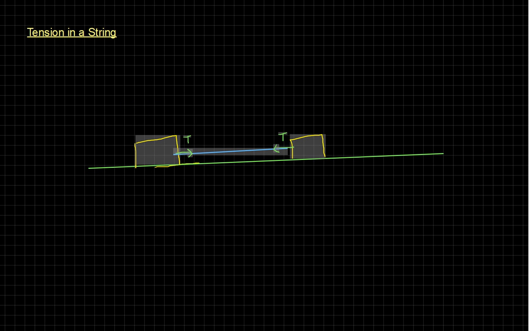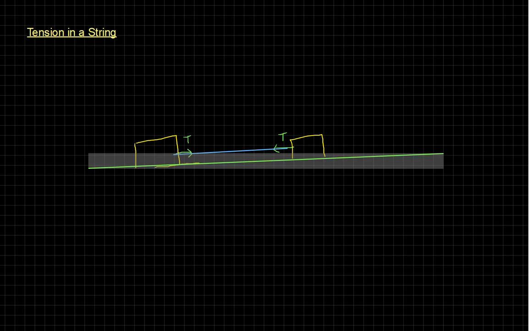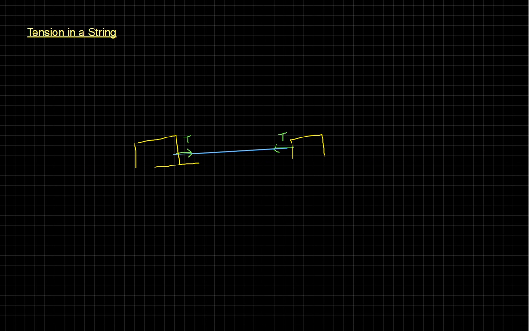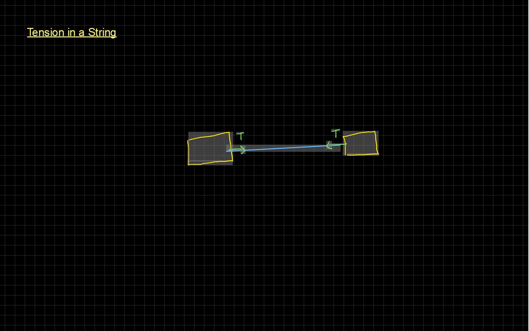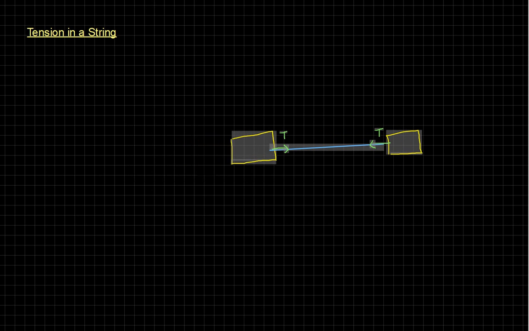In fact, I'm just going to delete this green table. Okay, if I pull on the box on the right, then you're still going to have this tension in the string, right? The T on the right hand side is still pulling back on the box, and the tension on the left is also still pulling on that other box.